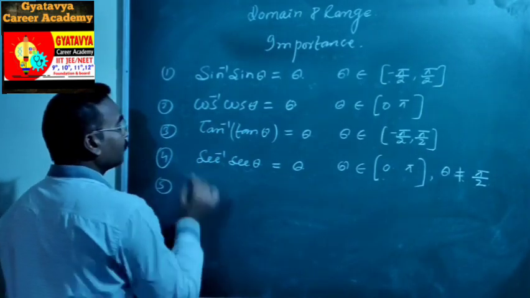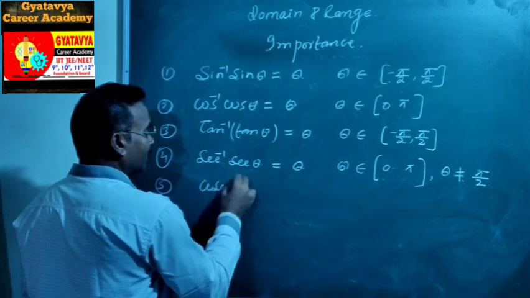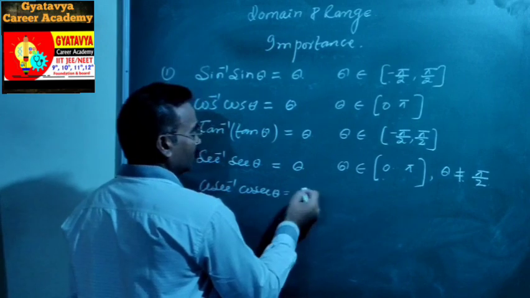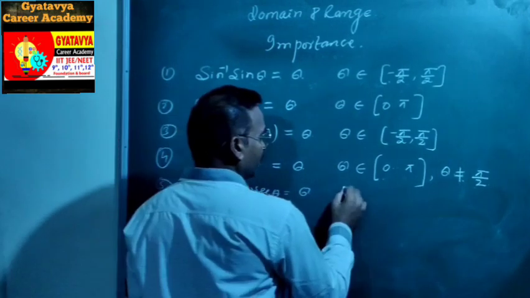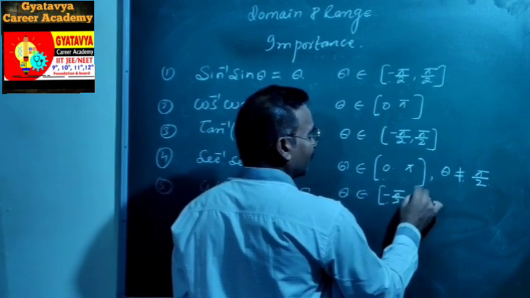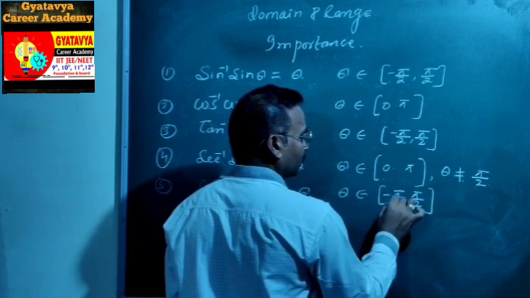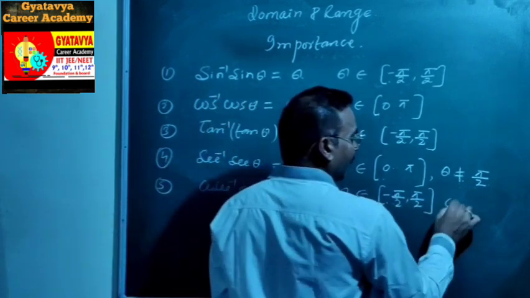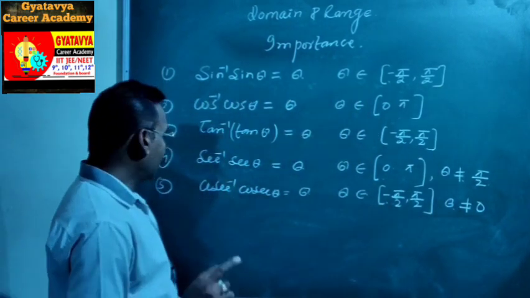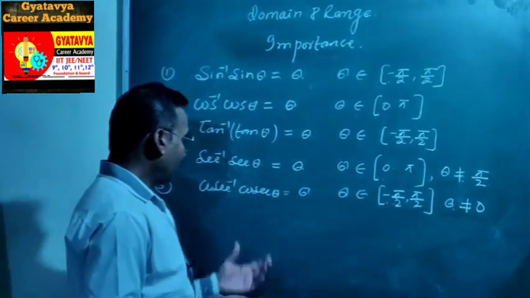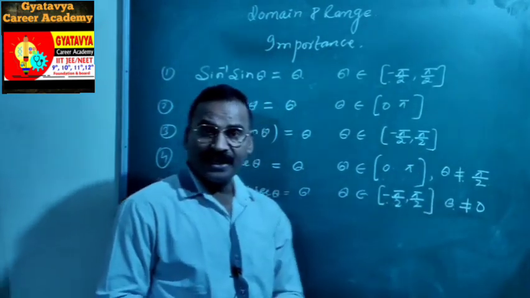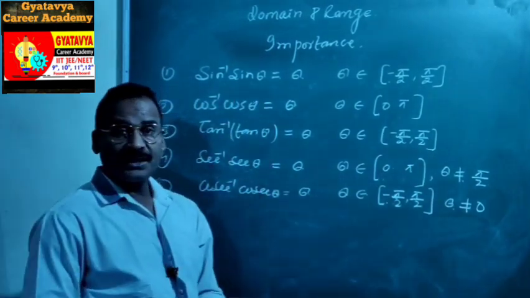And fifth is cosec inverse cosec theta is equal to theta if theta belongs to minus 90 to plus 90, minus pi by 2 to plus pi by 2, and theta cannot be equal to 0 because at theta equal to 0 the cosec function gives the undefined value, and similarly at theta equal to 90 or pi by 2 the sec function gives the undefined value.